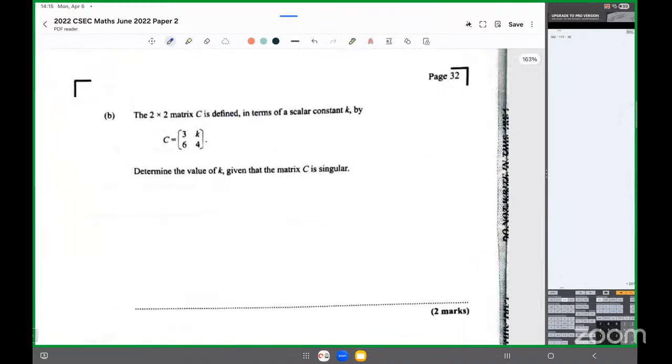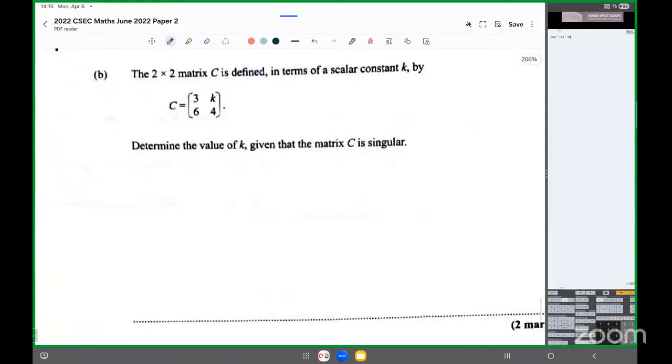All right, this one down here. It says 2 by 2 matrix C is defined as this. K is a scalar quantity, a constant. Determine the value of K if C is singular. If C is singular, remember, it has no inverse, because the determinant of C is equal to 0.